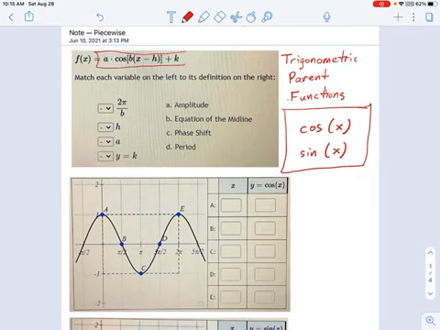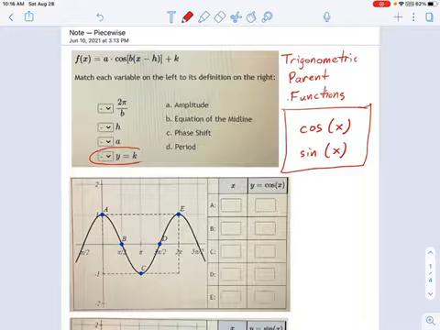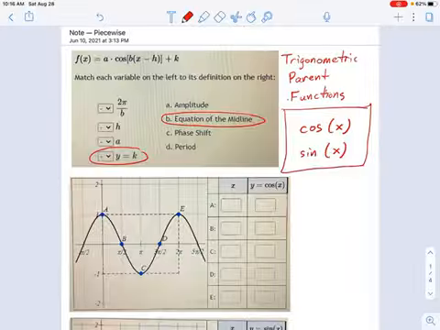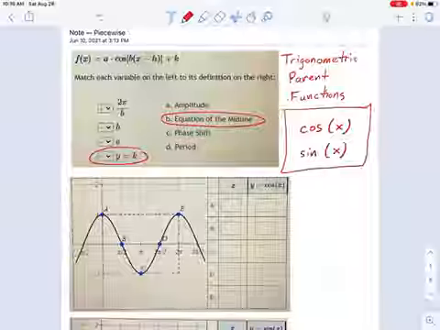And I've written a general form equation right here, and that shows you the types of transformations that we typically do. That k value, for instance, right here at the end, that's called the midline, okay? And I can write it as the equation of a midline because it's a vertical shift. That is how much you push the graph in the vertical direction, up or down, depending on whether it's plus or minus.